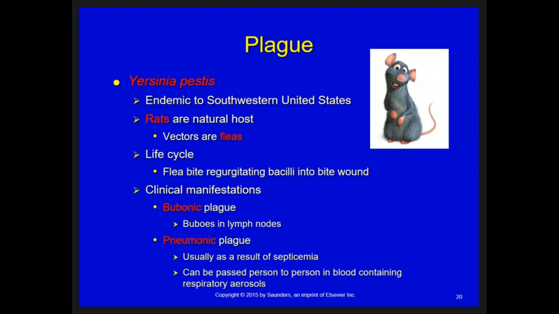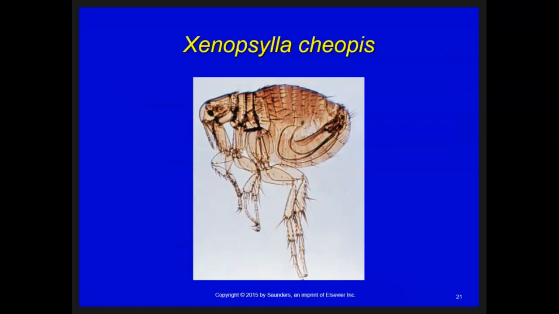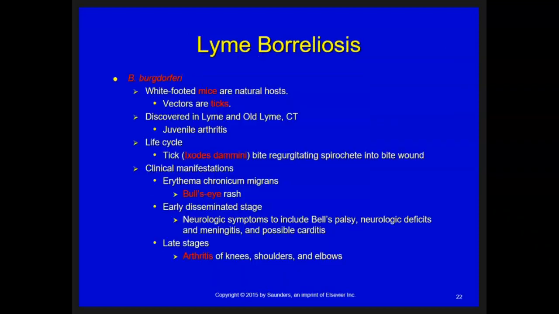Gross. Clinical manifestations, you can have either buboes from bubonic plague, which are painful swollen lymph nodes, or pneumonic plague, which is usually a result of septicemia and can be passed from person to person in blood-containing respiratory aerosols. And here's a picture of the flea that can carry Yersinia pestis.